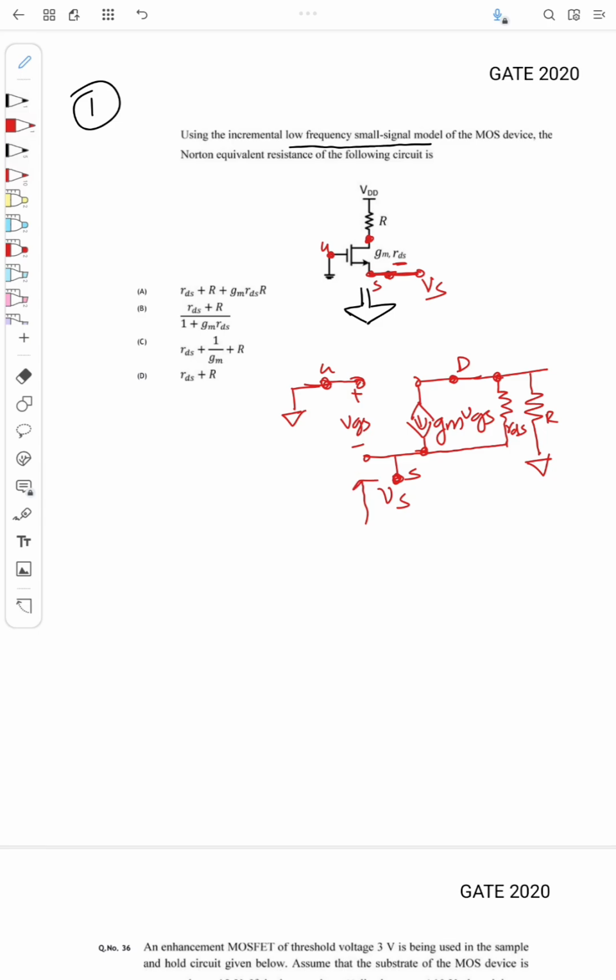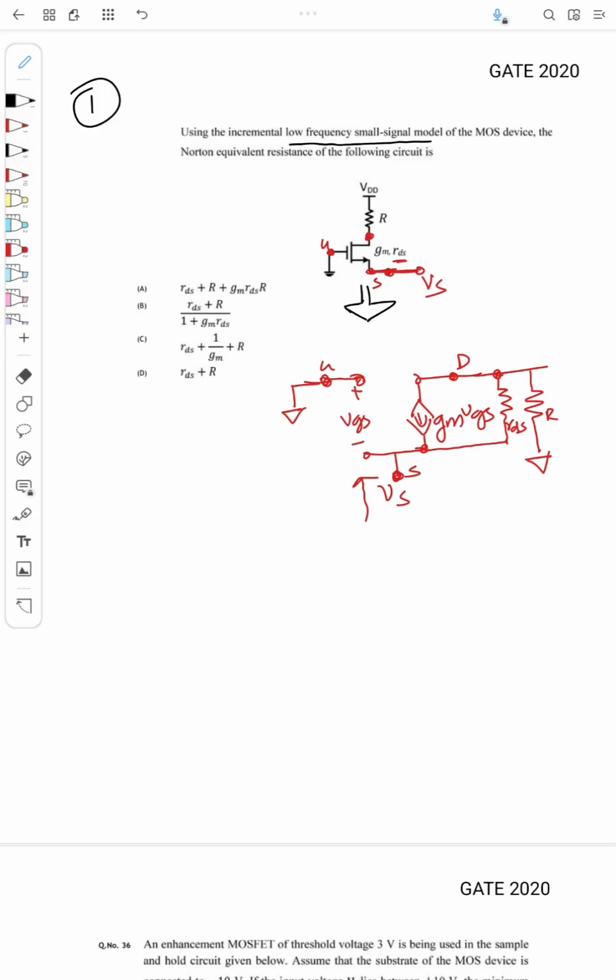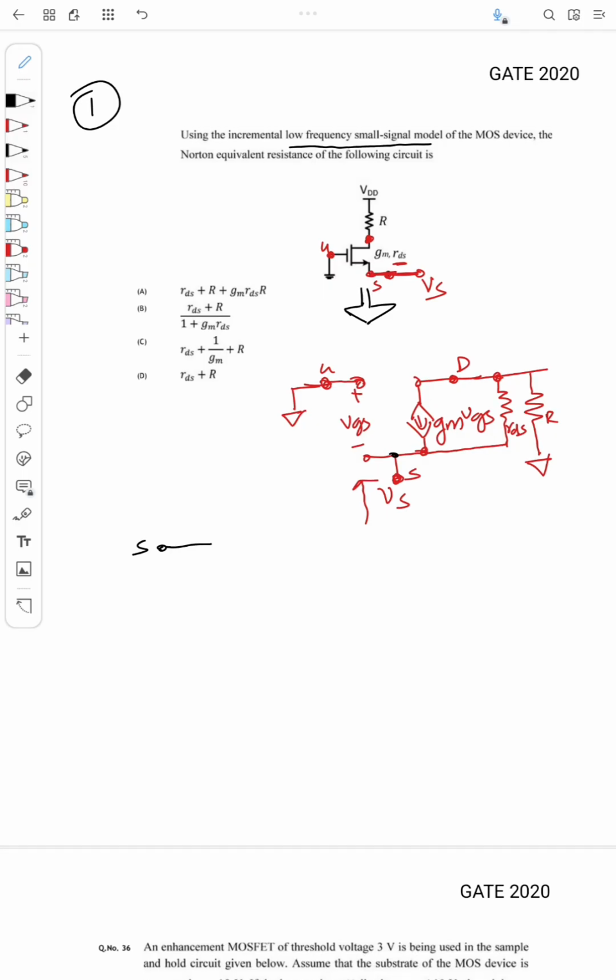So let me redraw this. I'll draw the source first here, this end, and from here to ground. To the gate, it is ground.